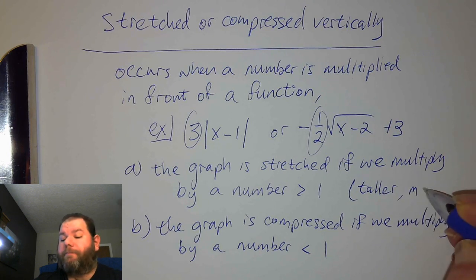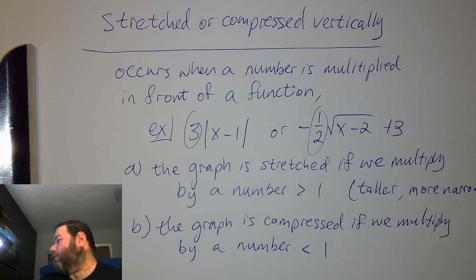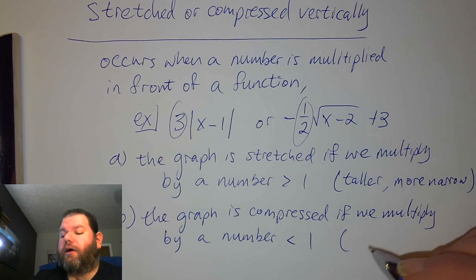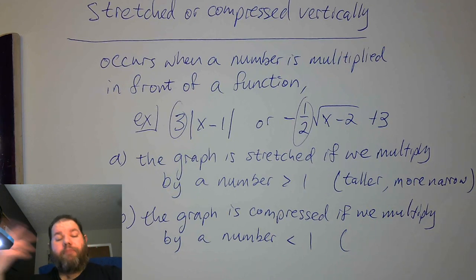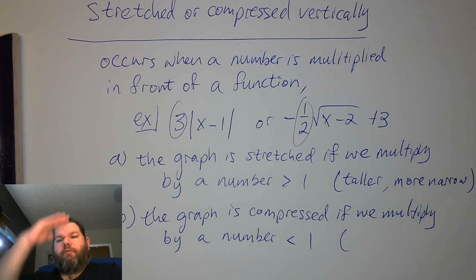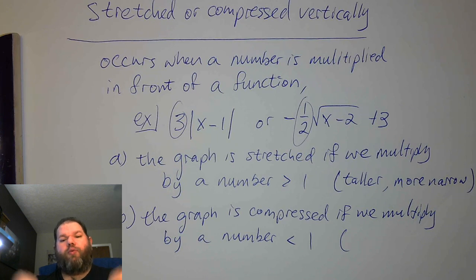Let me write that down. So taller and more narrow. And then if we compress the graph, basically we're squashing it towards the y-axis, squashing it vertically. So when we make everything shorter, it actually ends up looking wider than it would be.